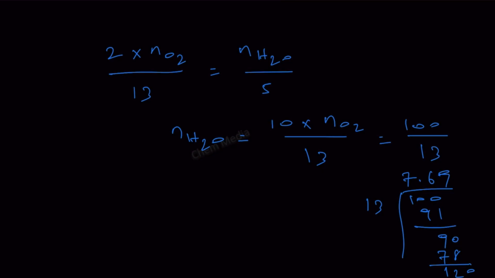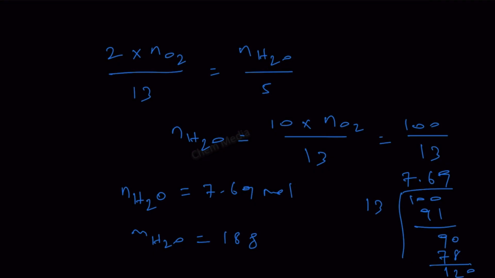So remaining 3. So we will just keep it to 2 digits, 7.69. So therefore, number of moles of H2O is equal to 7.69 moles.